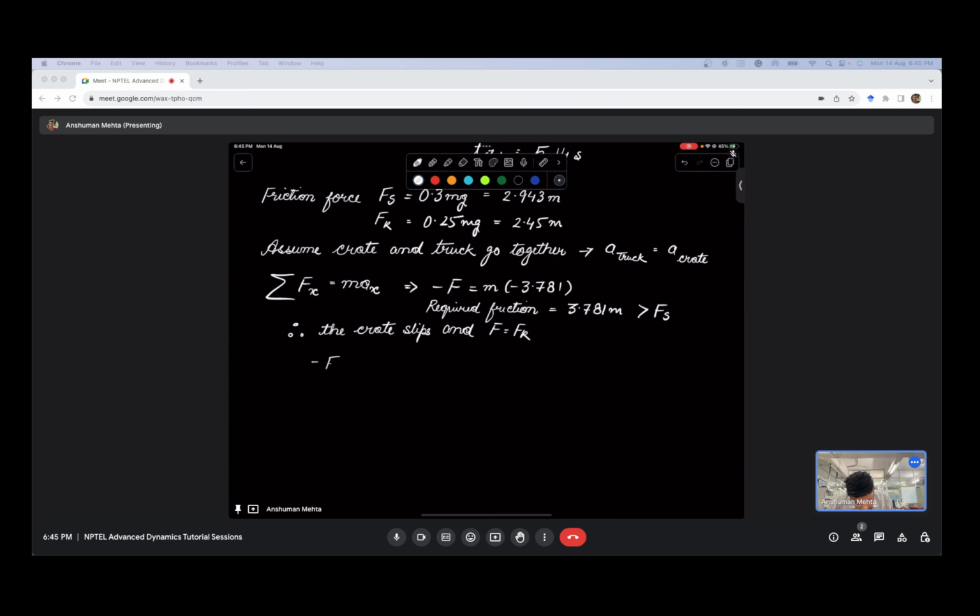So minus Fk is equal to m a crate, where a crate now comes out to be minus 2.45, removing the mass.